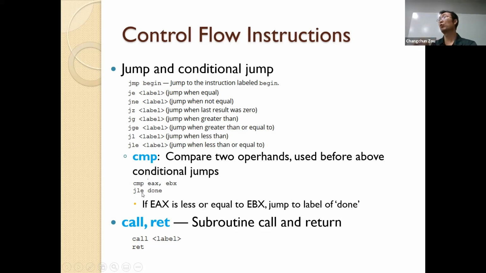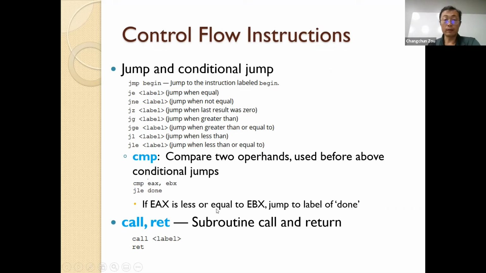The conditional jump will use the value in this flag register to determine which path to jump. So, like compare, if you compare EAX content with EBX, if the EAX value is less than or equal to the EBX value, then it will jump to this instruction.